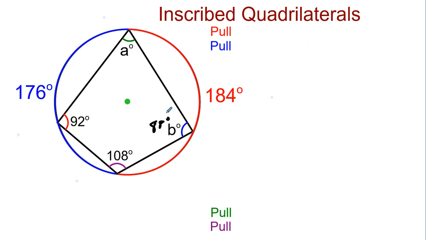So all we're doing is we know that the opposite angles of a quadrilateral, not talking parallelograms and stuff like that, on any quadrilateral that's inscribed in a circle, the opposite angles are going to be, not congruent, sorry, they're going to be supplementary. We could do the exact same thing if we want, and I do want to, with the other two angles.